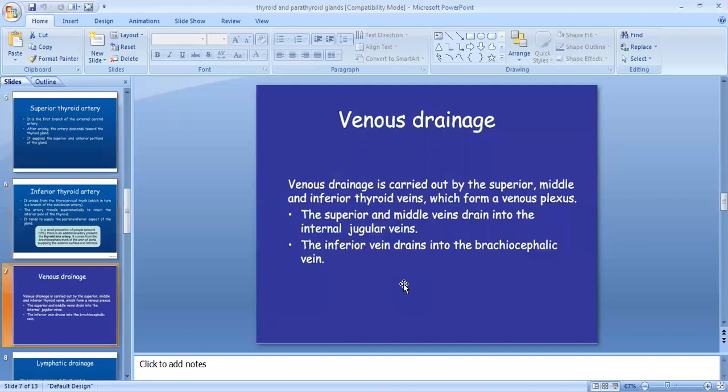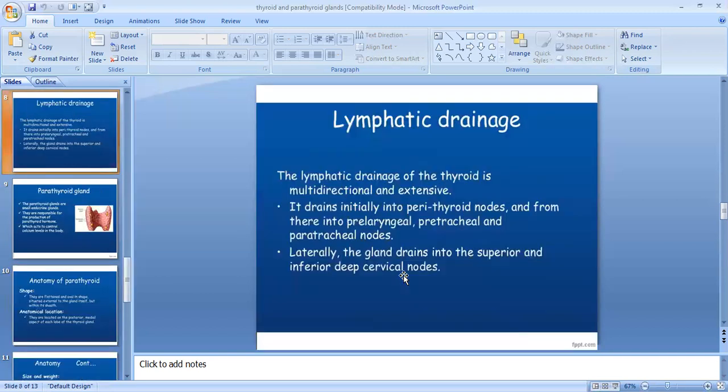Venous drainage of the thyroid gland is through the thyroid veins. We have three thyroid veins: superior thyroid vein, middle, and inferior thyroid veins, which form a venous plexus. The superior and middle veins drain into the internal jugular veins. The inferior vein drains into the brachiocephalic veins.